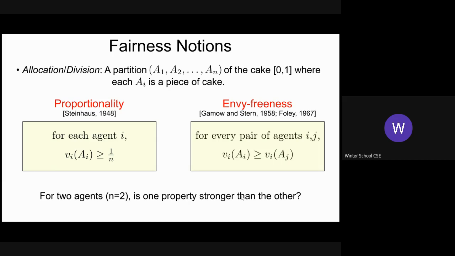Or could it be that these are incomparable, meaning an allocation satisfies one without satisfying the other? Let's start with a very simple setting of just two agents, n equals 2. My question is, is one property stronger than the other? In other words, if you have a proportional division between two people, is it envy-free? If you have an envy-free division between two people, is it proportional? Or none of those things have to be true in general?